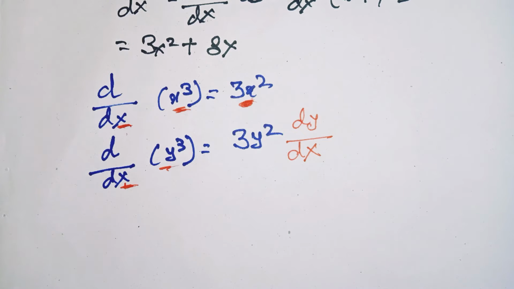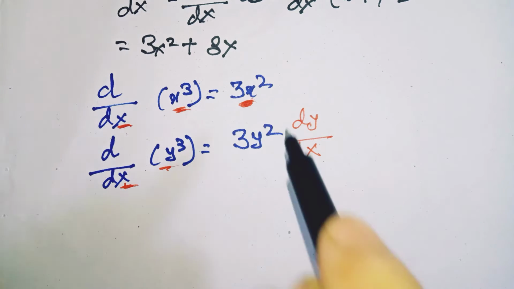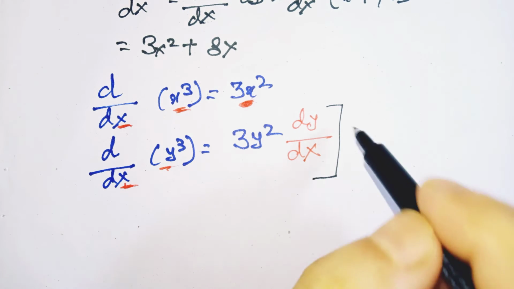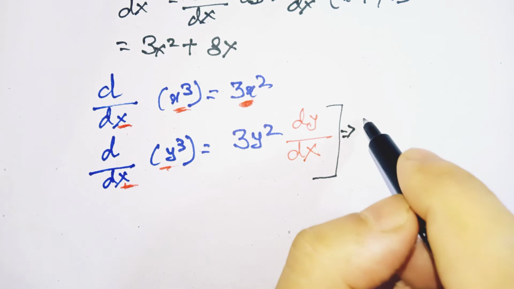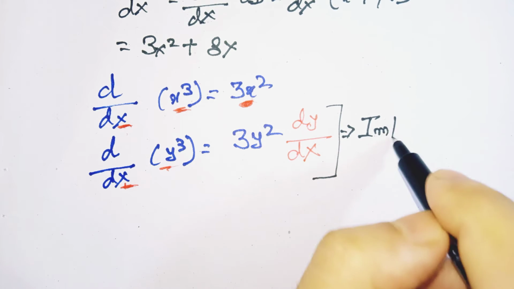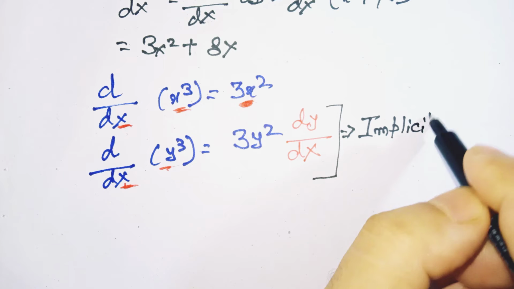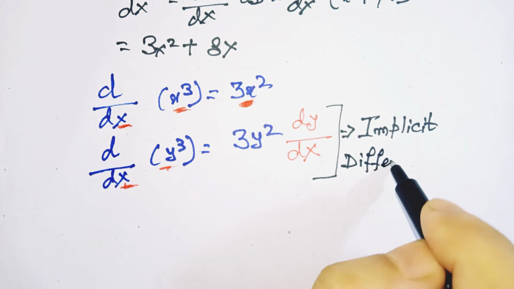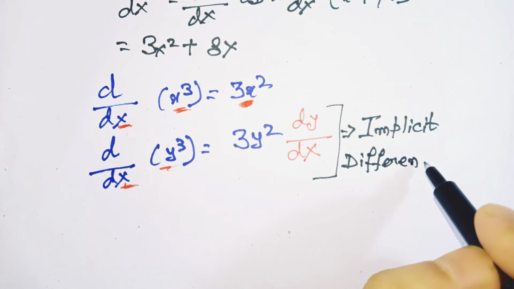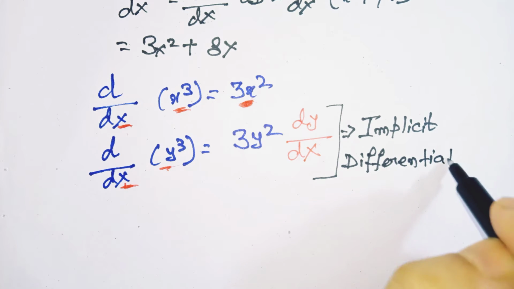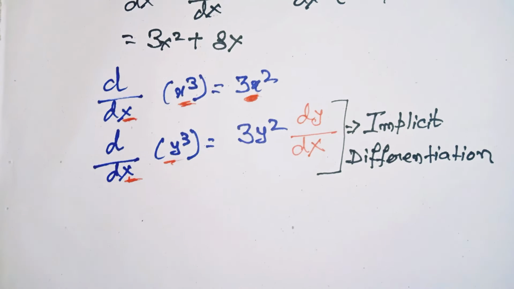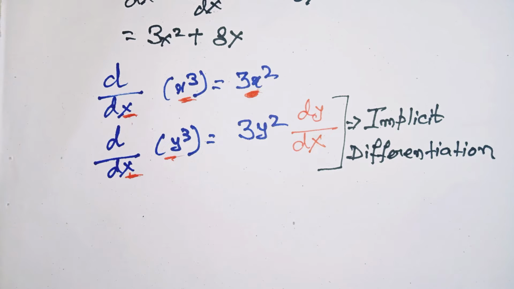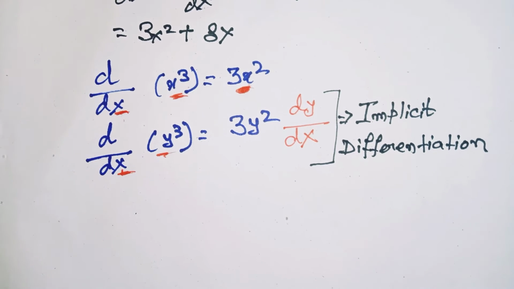Okay, so this part is something which we call implicit differentiation.